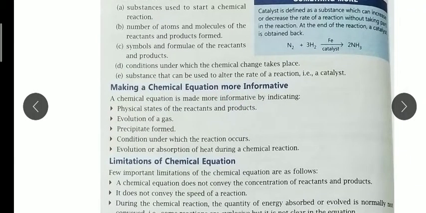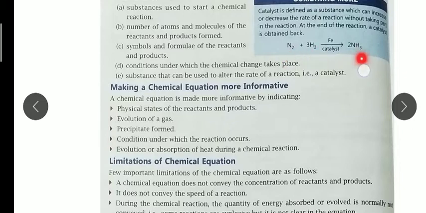For example, you can write here G, small g. We all know that nitrogen is a gas and hydrogen is a gas. When they combine, they form ammonia gas, which is also a gas.